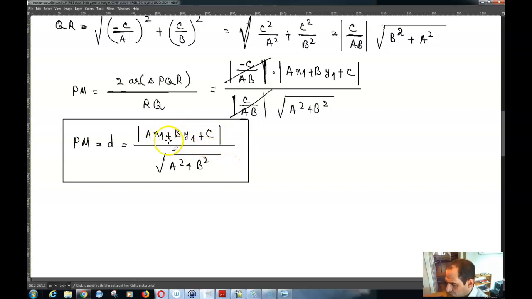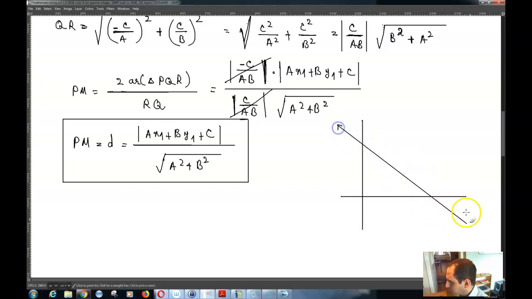And the way that you use this formula is that, as we mentioned before, I will draw this over here. Suppose that you have this line over here.